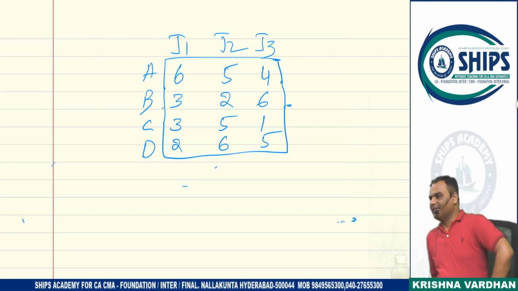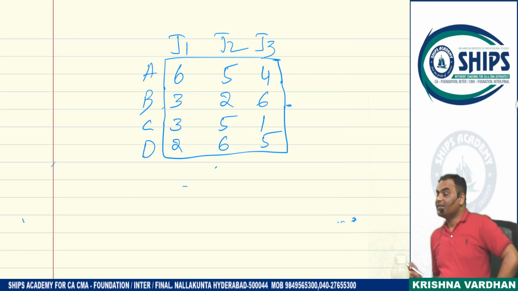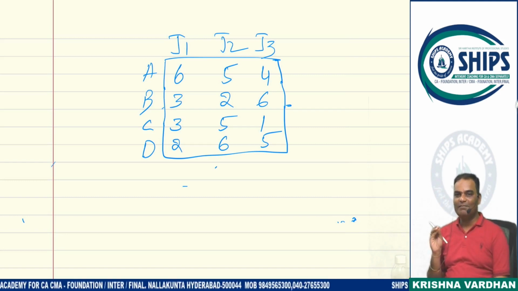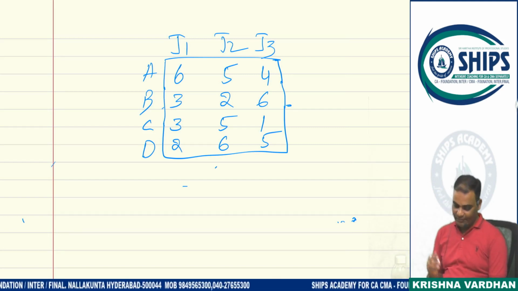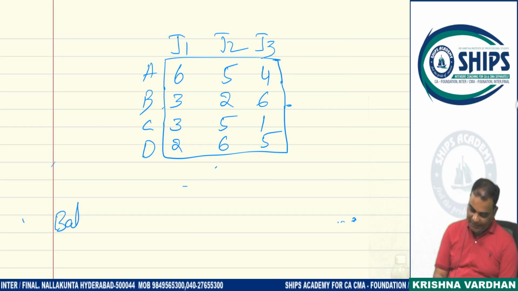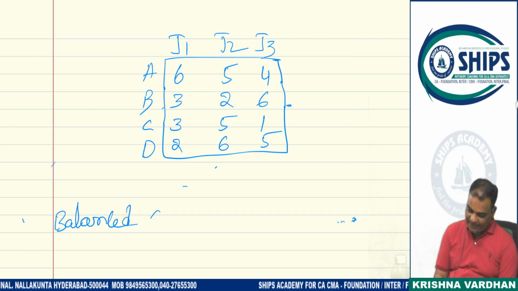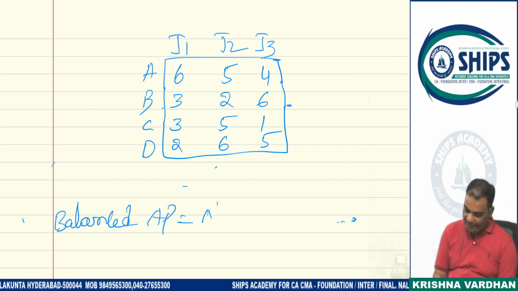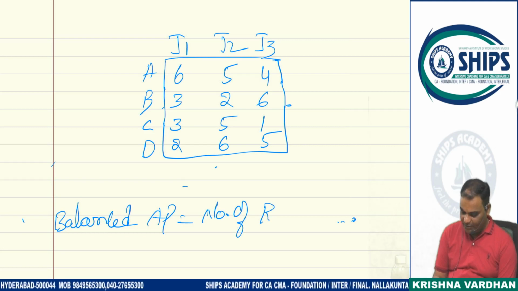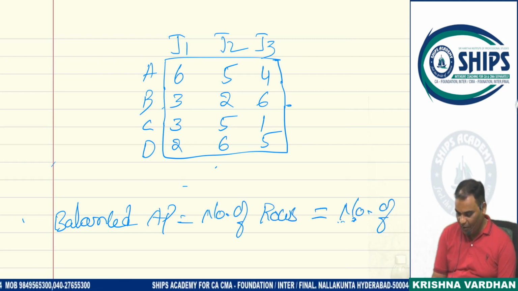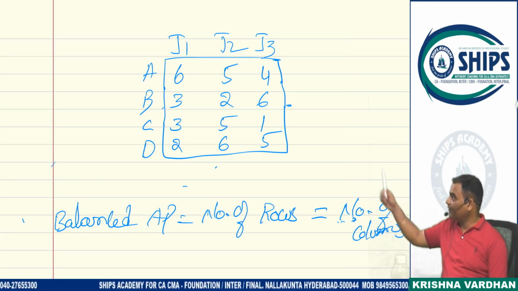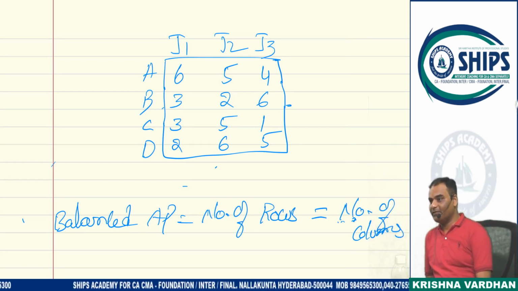Students, there is one problem here. Step number 1 is to check whether it is a balanced problem or not. What is the procedure of checking it? What is a balanced assignment problem? A balanced AP means the number of rows should be equal to the number of columns. Can you tell me whether the given problem is balanced or not?